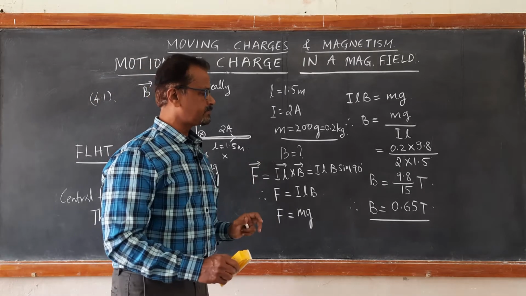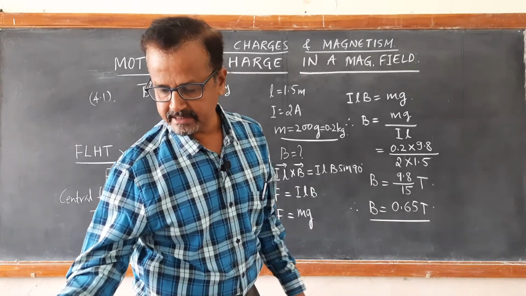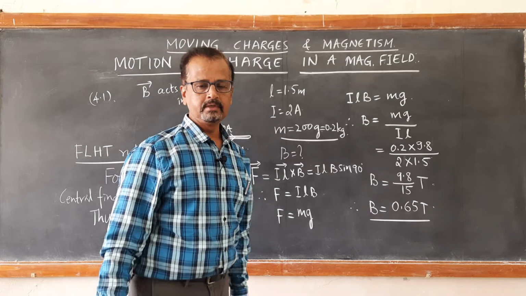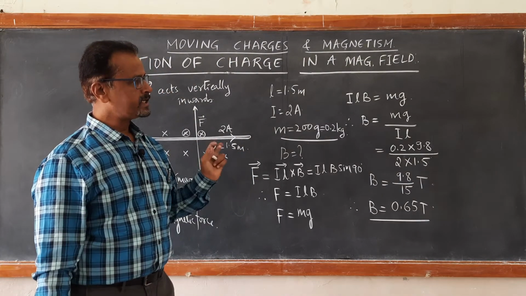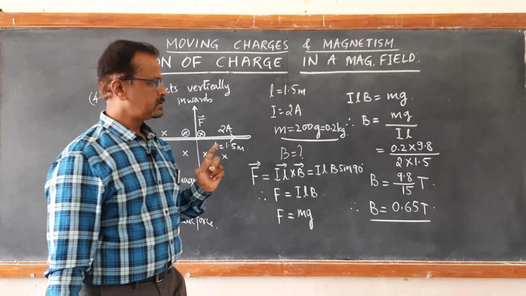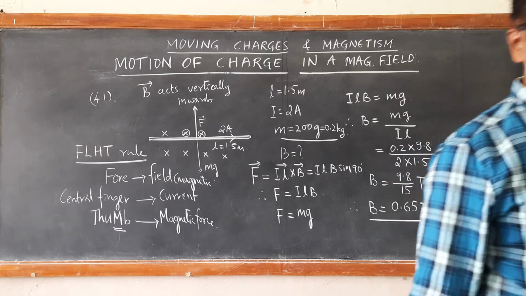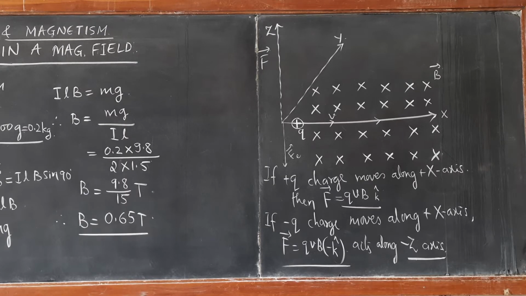Now this is one simple problem which we got it as magnitude of magnetic field. In the same way, there is one more problem from your textbook, that is about again moving charge in a magnetic field, right? Let us solve that second problem also. See this second problem.